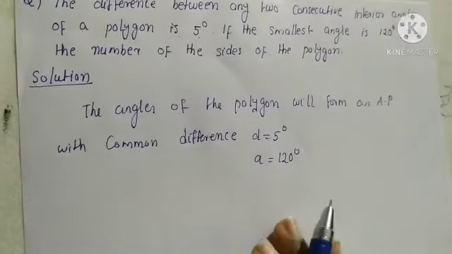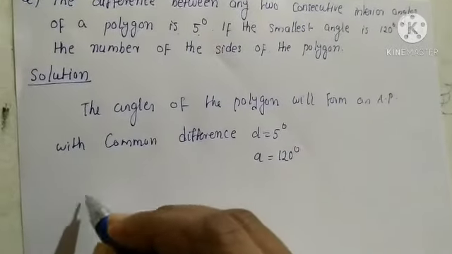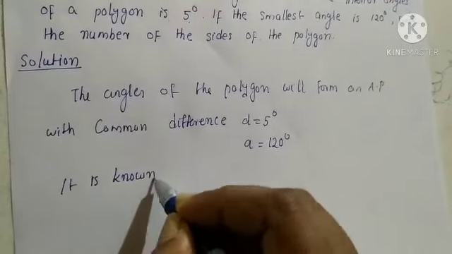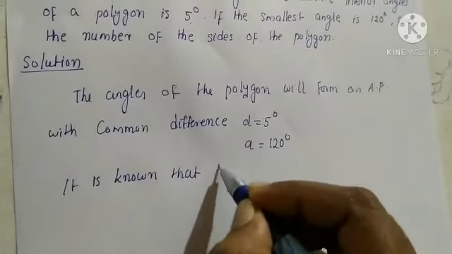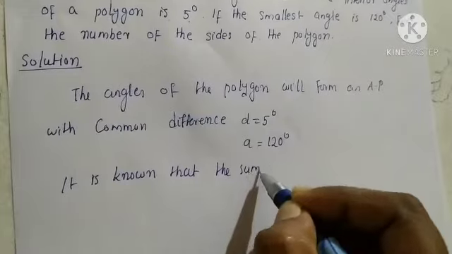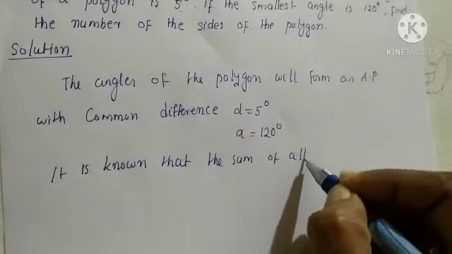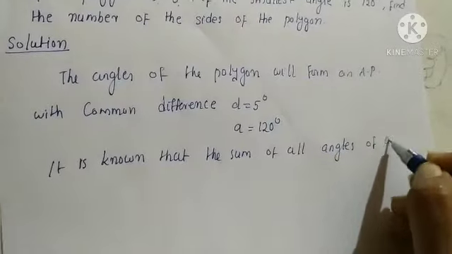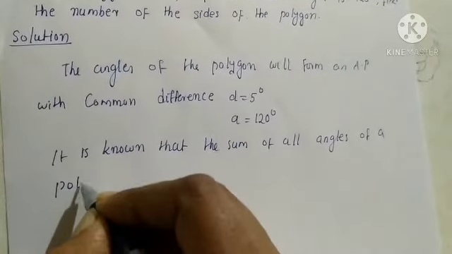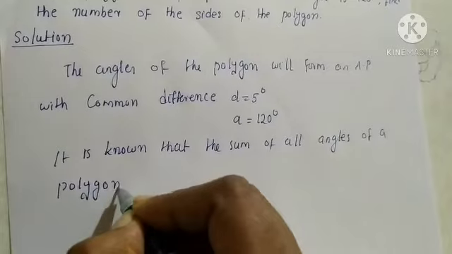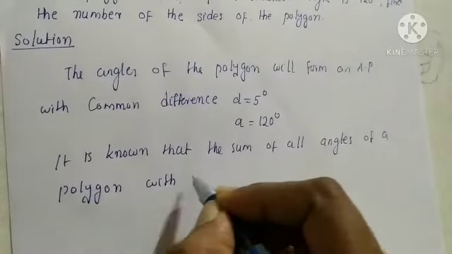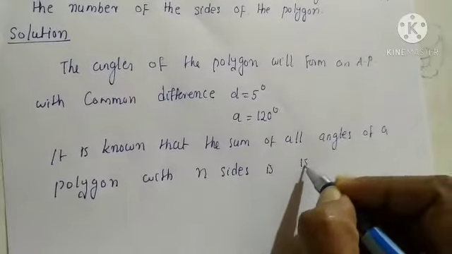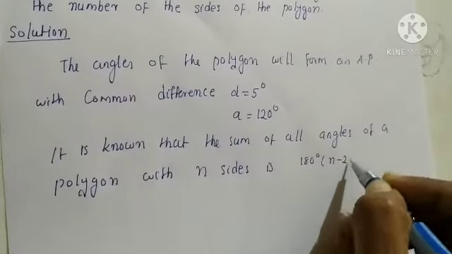Okay, so it is known that the sum of all angles of a polygon with n sides is 180 degrees into n minus 2.